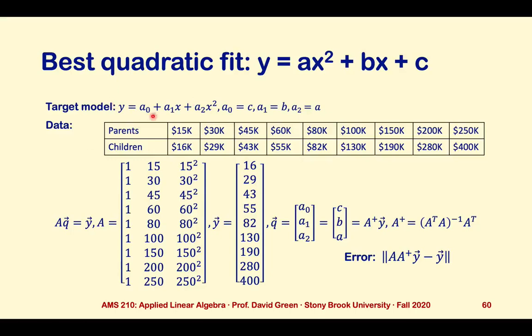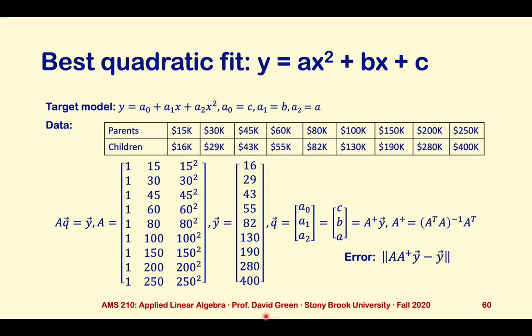When we do this, our first column, the 0th order term, is again a column of all ones. Our second column is the linear term, the column of all x's. And we have a third column now that has all of our x values squared.